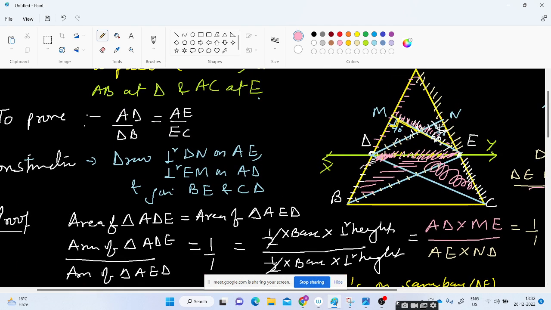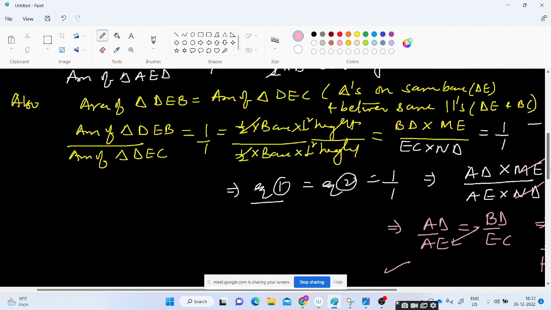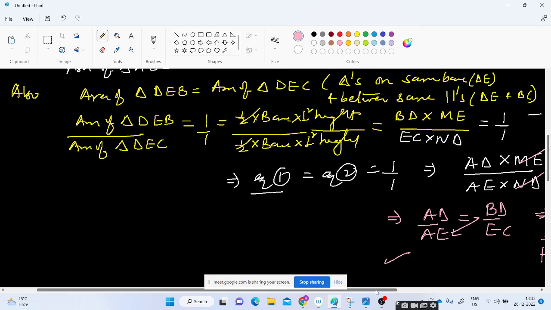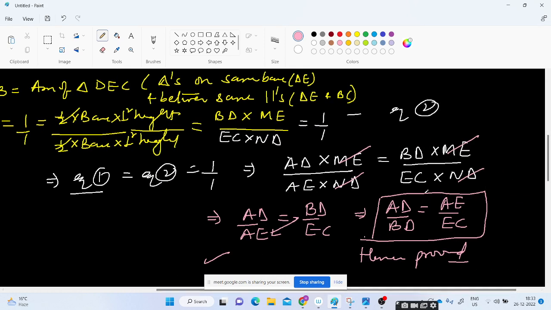So if base is BD, perpendicular height is ME, and if base is EC, perpendicular height is ND. Both ratios are coming 1 is to 1. We equate them and we get the result AD upon BD is equals to AE upon EC. This is Thales theorem and this is the same BPT. Important for those who opted for basic mathematics and also those who have opted standard mathematics.